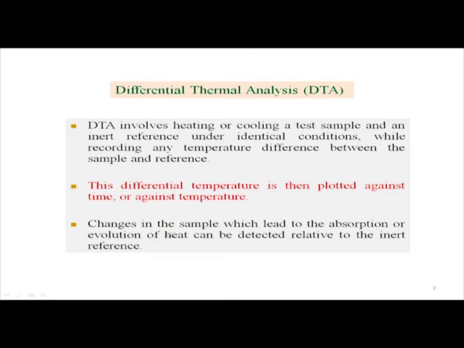So, now if there is any change in the sample which led to the absorption or evolution of heat between these two, that means the sample and the reference, then whether you have an exothermic process or an endothermic process can be detected relative to an inert reference, and that reference sample is also being heated.